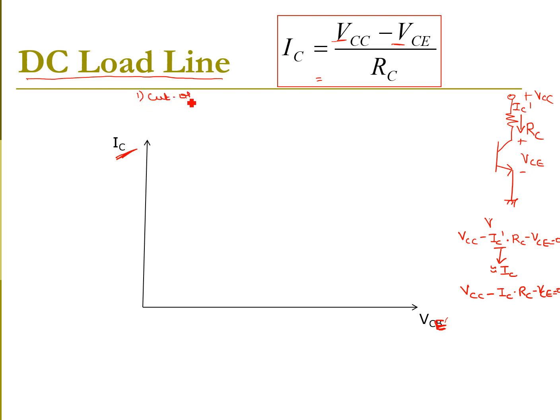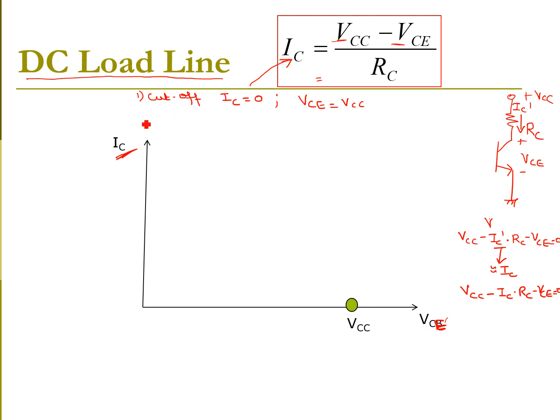In cutoff, IC is equal to 0. Putting that in the equation of IC, we get VCE is equal to VCC. So when IC is 0, the value of VCE becomes equal to VCC. So you have got 1 point.